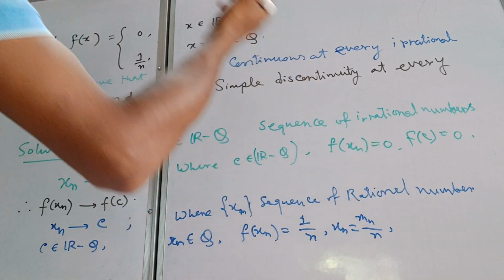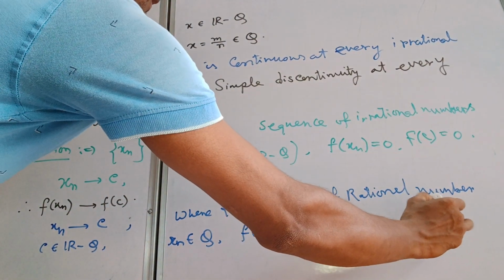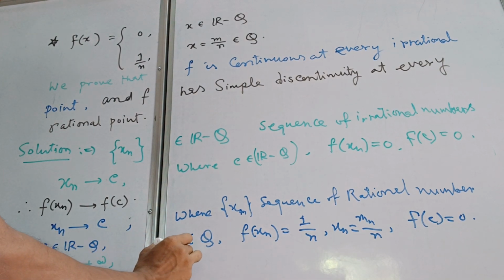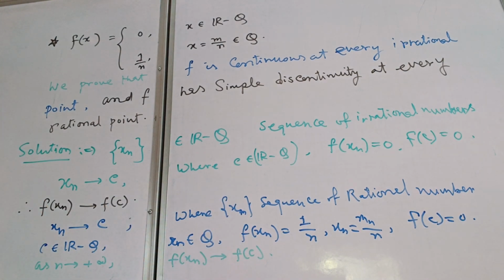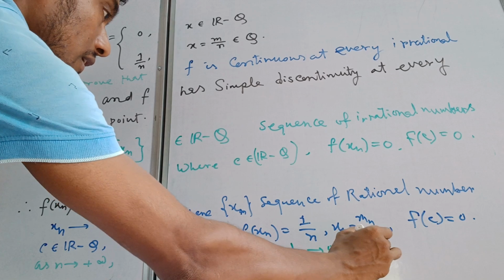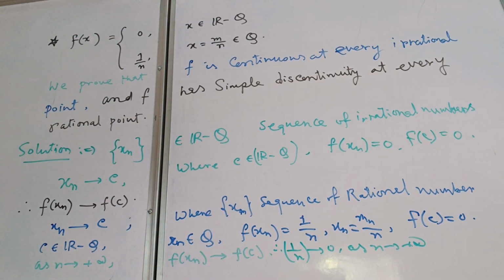And f of c equal to 0. Then as n tends to plus infinity, f of xn tends to f of c, that means 1/n tends to 0 as n tends to plus infinity. Okay, so not a problem at all.